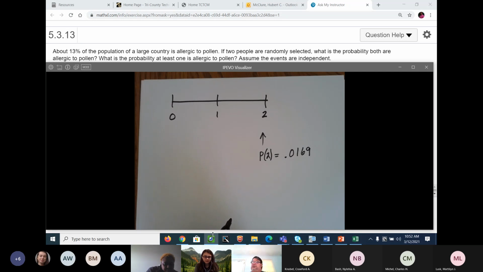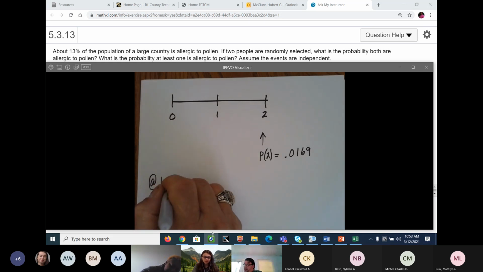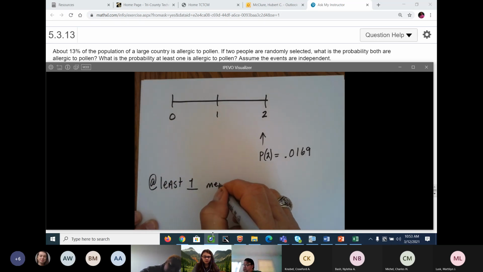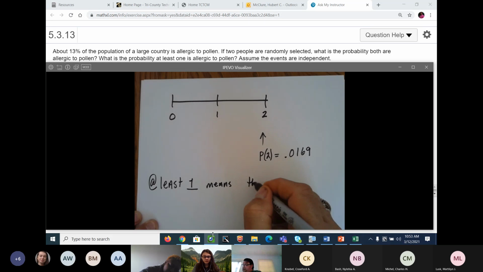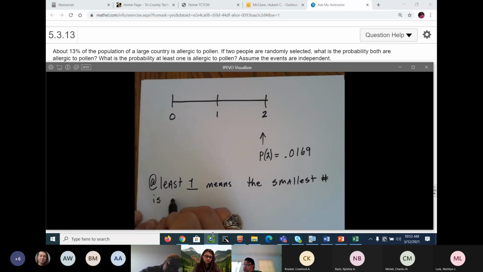At least 1. So what does at least 1 mean? That means the smallest number is what? 1. Okay, so let's write that down. At least 1 means the smallest number is 1.